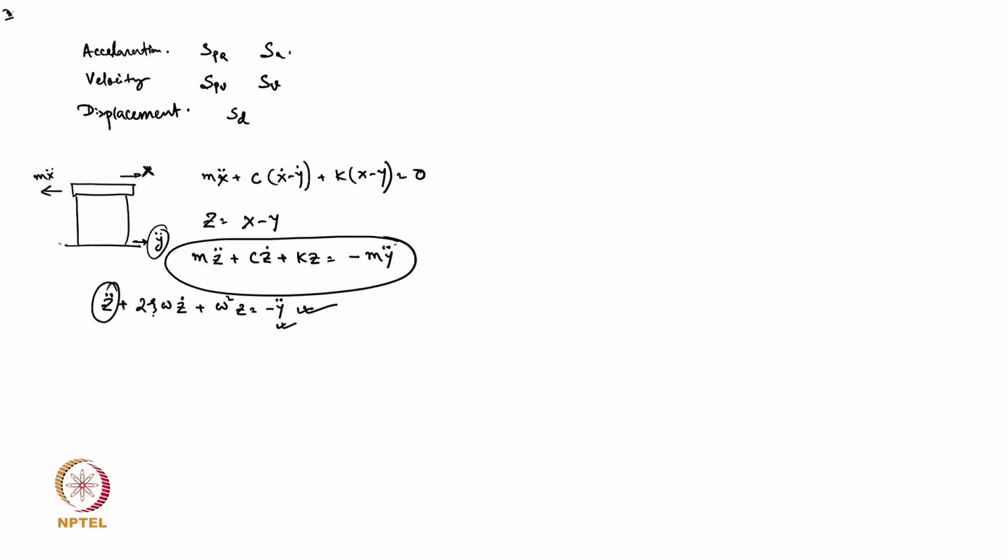So for a particular y double dot, this full thing is dependent on the two parameters, xi and omega. What is xi? Xi is the damping ratio, and omega is the natural frequency of the structure.